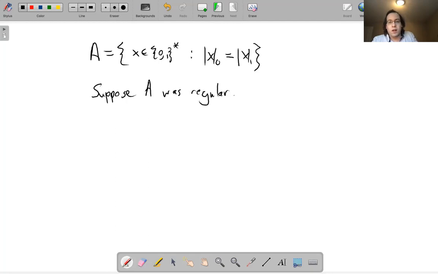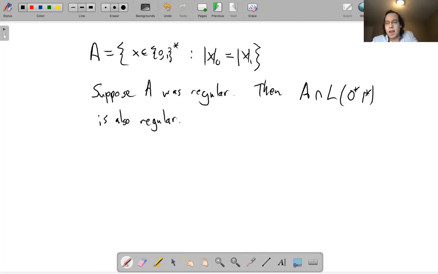Then A intersect the language of 0*1* would be regular as well.